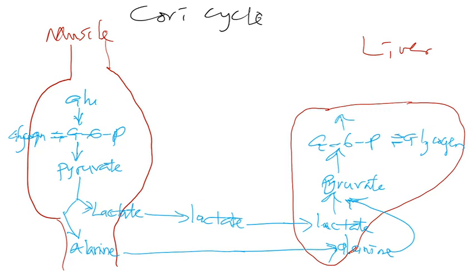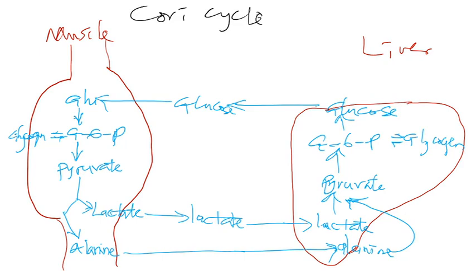If we are still short of glucose, then we produce the glucose in the liver, and the glucose can then be transported to the muscle.